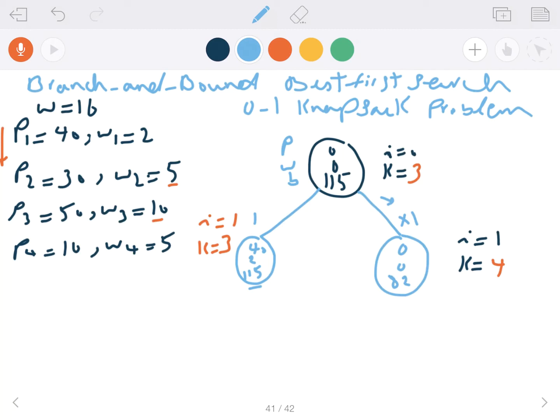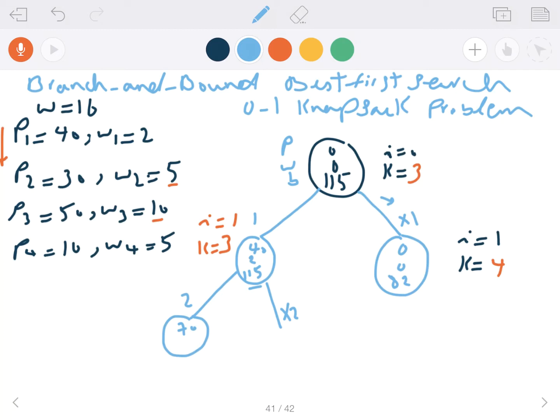So if we continue, let's say that I am including item number 2, and not including item number 2, then we'll have this value. So it's going to be 70 here. So we are including item number 2.